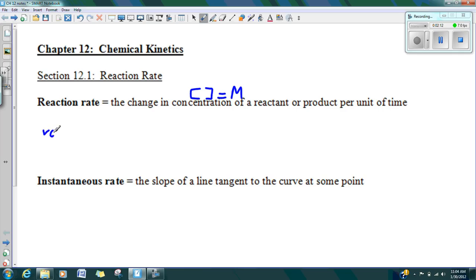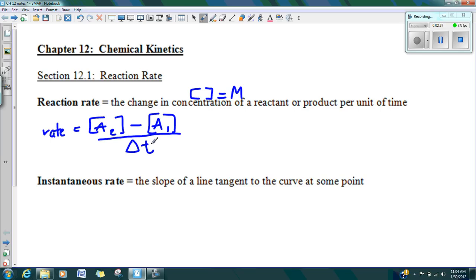So our reaction rate is going to be equal to the change in concentration, and if we call A our reactant or product, the concentration of one substance is reducing over the time of the reaction, or the concentration of the second substance over our change in time.